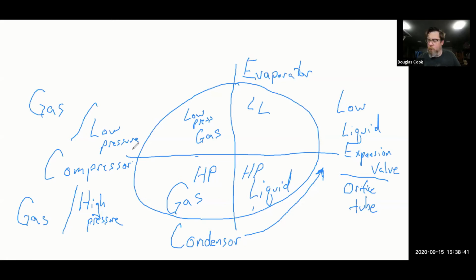But now let's think about these transitions and what's going on. So if we have a low pressure gas being turned into a high pressure gas, we're increasing the pressure on that gas. Well, what happens when you increase the pressure on something or you compress something? You're going to end up adding heat to it, right? So it's going to get hotter. But also, in the case of refrigerant, and just like any other liquid, you also can increase the boiling point of that substance.